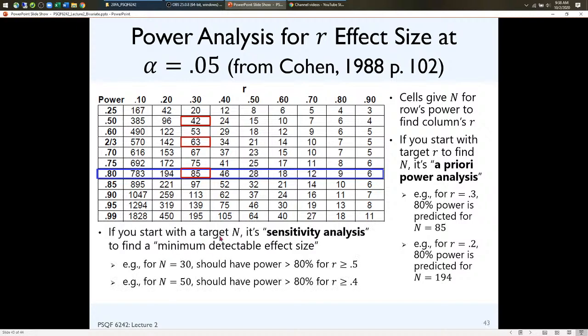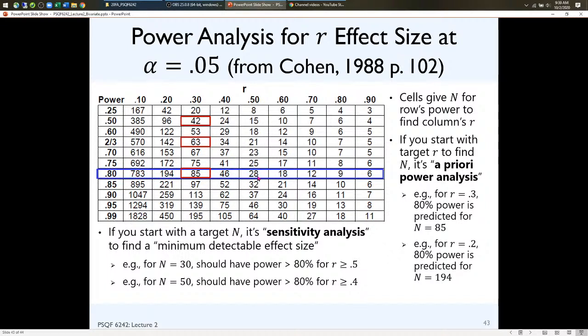So given my sample size, what is the minimum detectable effect size that I can get at an appropriate level of power? So for instance, if I said I can do 30, that's how many people I can do, what will that buy me? All right, let me go to my 80% power line, 28, okay, close enough.